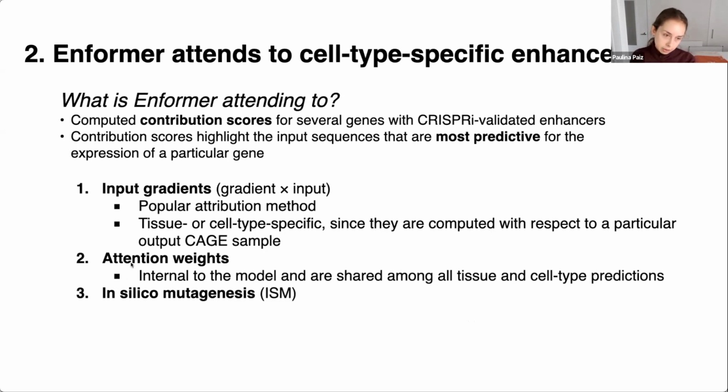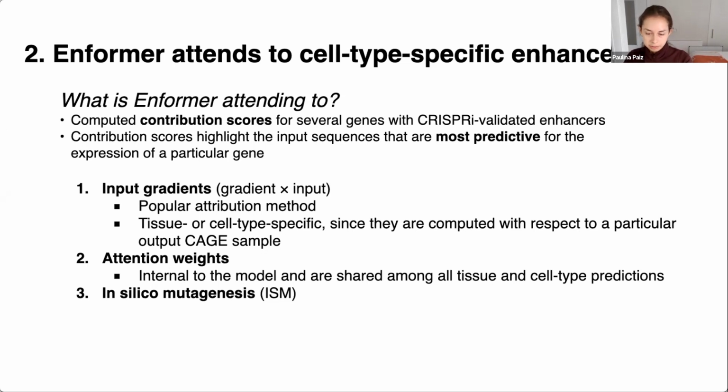Then the second way of computing the contribution scores is only possible through models that use attention. They rely on taking out the weights that are internal to the model and shared among all tissue and cell type specific predictions. The third is in silico mutagenesis, which is the same as input gradients in that it's tissue or cell type specific.